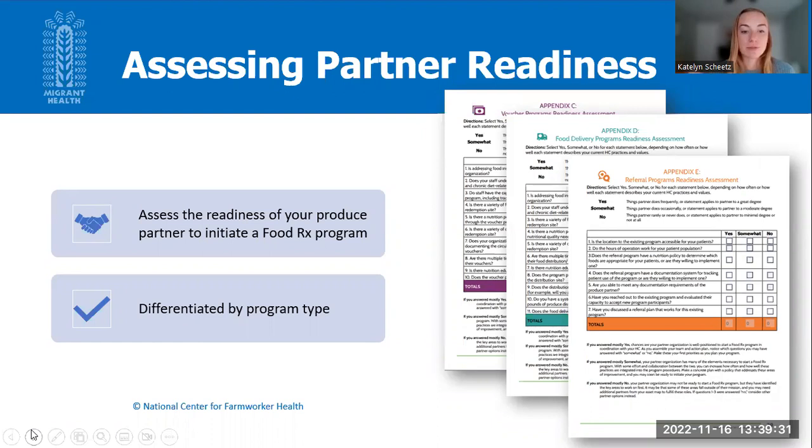So if the organization is really excited to partner, but they've marked no on the readiness assessment, now you know those are the areas that need to be addressed before starting the program. And once they are addressed, hopefully you'll have a really strong program. Next slide.